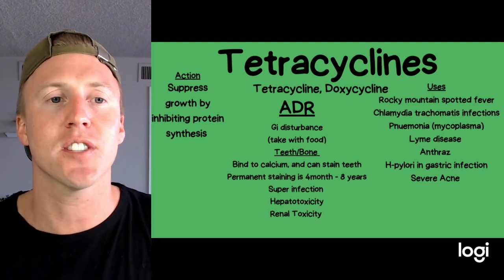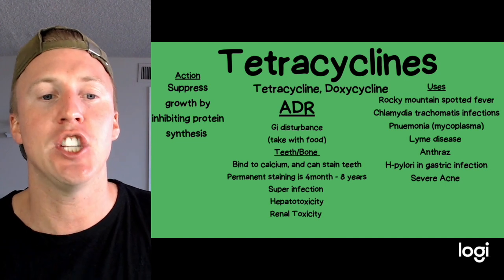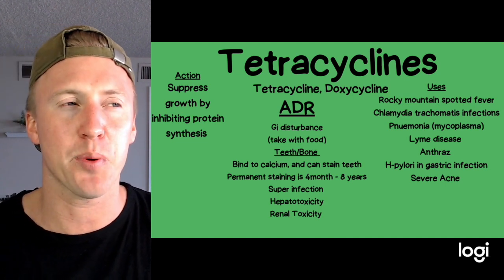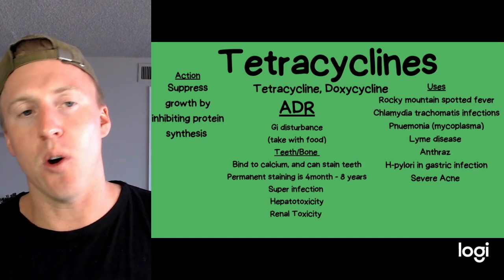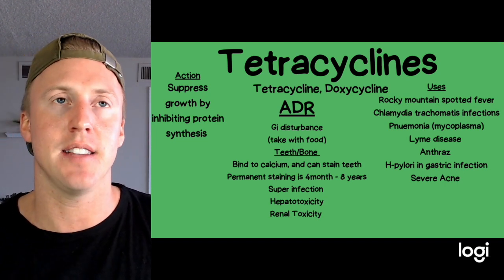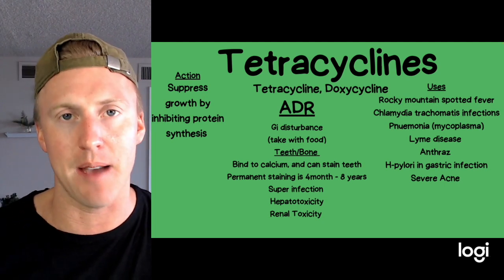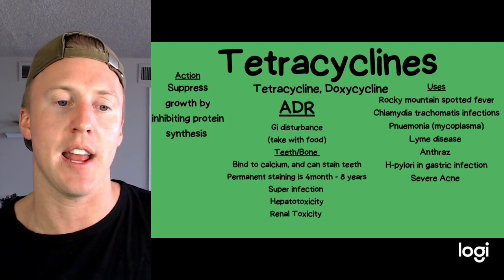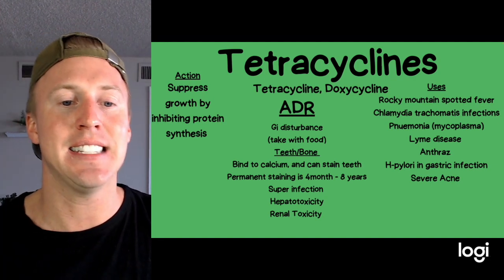Now, some of the adverse reactions of tetracyclines, like doxycycline and tetracycline, are going to be GI disturbances. That's a pretty common theme you're going to see with a lot of antibiotics, but you can always tell people sometimes to take them with food, just depending on the antibiotic, because with some of them, it'll actually decrease absorption of the antibiotic. Now, very specific to tetracyclines is the teeth and bone.